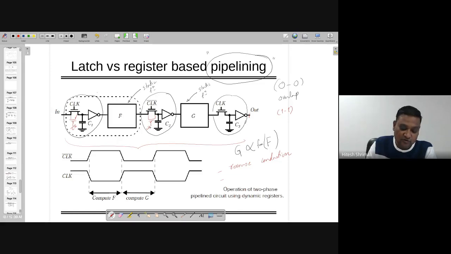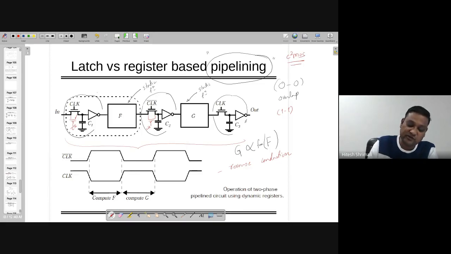There we used a NOT gate, which is a weaker one, but that technique is still not going to save what I want to do. So there is another technique which is famously known as C-square MOS.